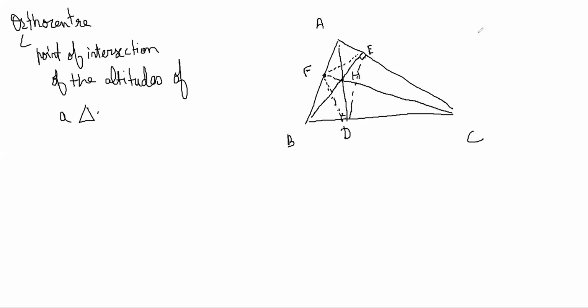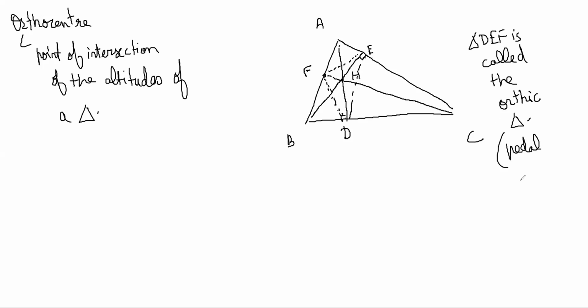Triangle DEF is called the orthic triangle, or pedal triangle, because the feet of the perpendiculars are being joined. That is why it's called a pedal triangle, or you can just call it the orthic triangle.